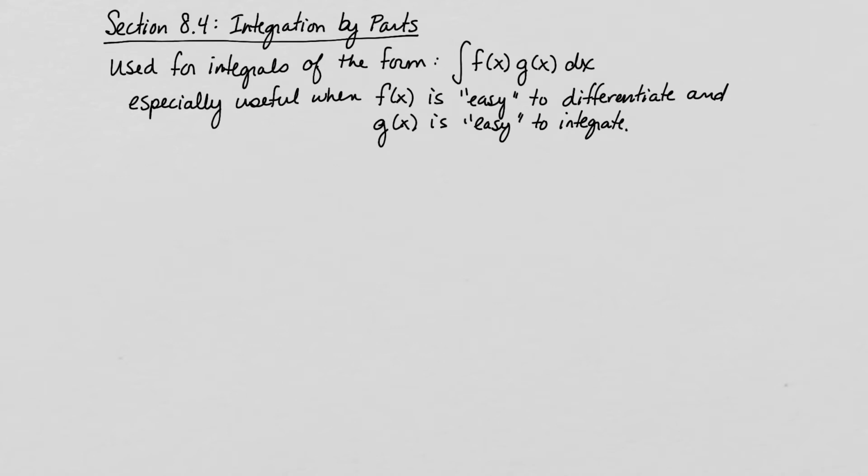Integration by parts undoes the product rule, and I'm going to show you where it comes from. You are not going to have to repeat back to me where it comes from, but I want to show you so it doesn't look like I pulled the integration by parts out of thin air.